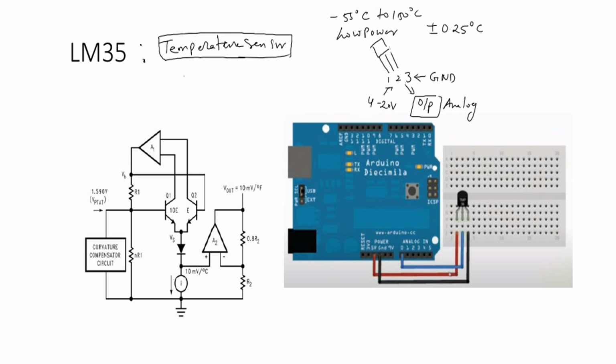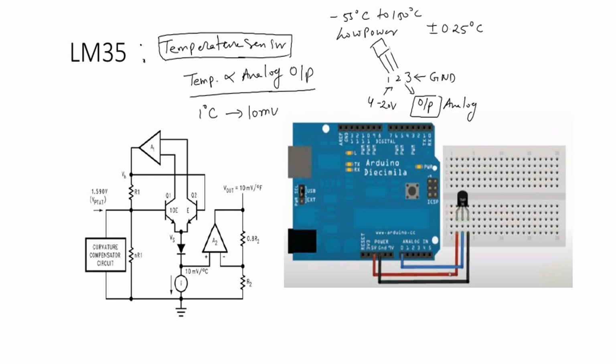So your temperature is proportional to your analog output, right? So what is the proportionality constant? If there is a change of 1 degree centigrade in temperature, you will find a change of 10 millivolts in the analog output.